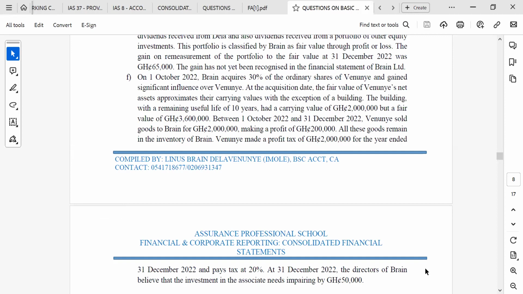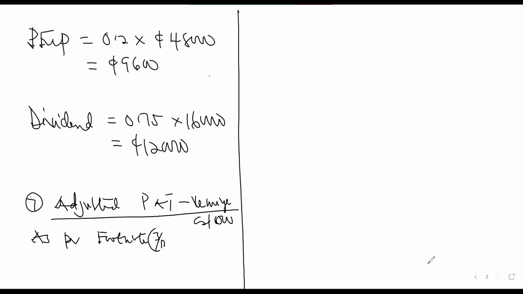So how many months is that? 3. Okay. So we should have a share of 3 months profits, isn't it? Yes. So we are going to be looking for post-acquisition profits. So you do your 3/12 multiplied by 2 million, which is 2,000. What are you going to be having? 500. Okay, that will be 500.